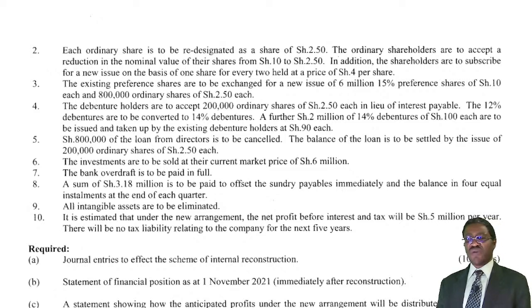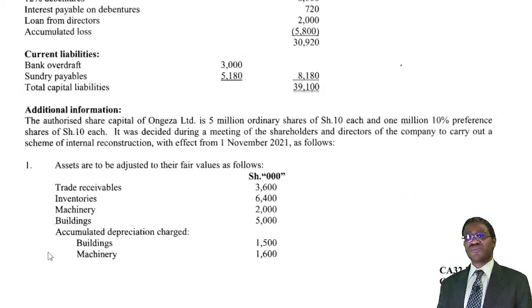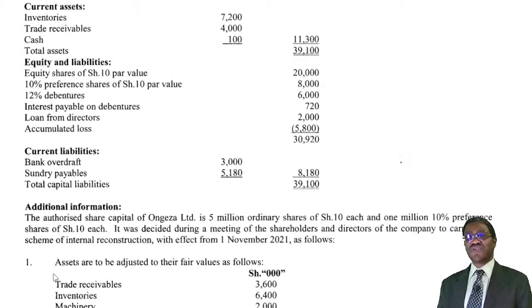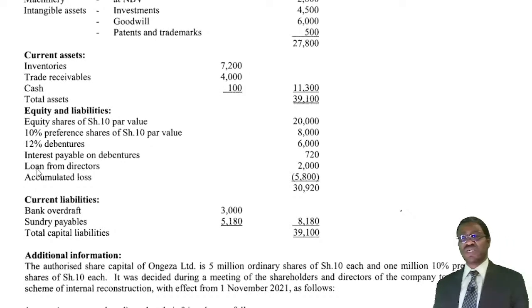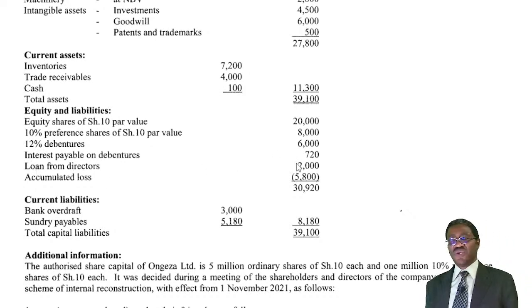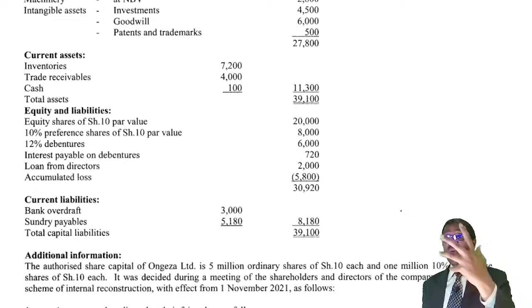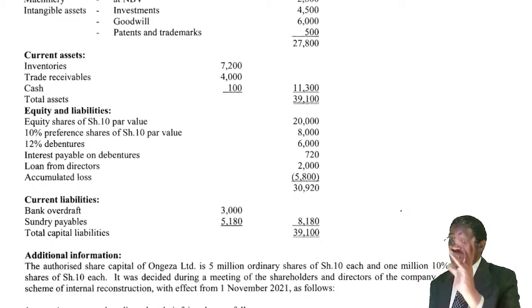When you look at the trial balance, when you look at the balance sheet, what do we owe them? Loan from directors, we owe them 2 million. That's what I can see from the balance sheet. But when we called the directors into a meeting, they said they are willing to write off 800,000. So that's not a big deal.